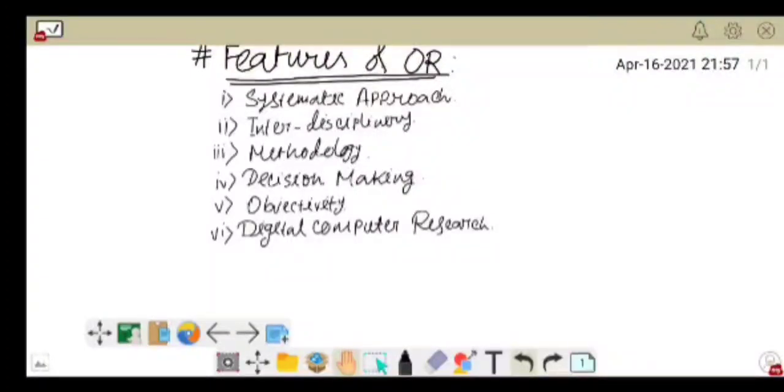Number two, interdisciplinary. So what does interdisciplinary mean? I think you guys can understand that operation research is not something to do with an individual aspect. Operation research does not happen with an individual person, because operation research was discovered by a British scientist team.